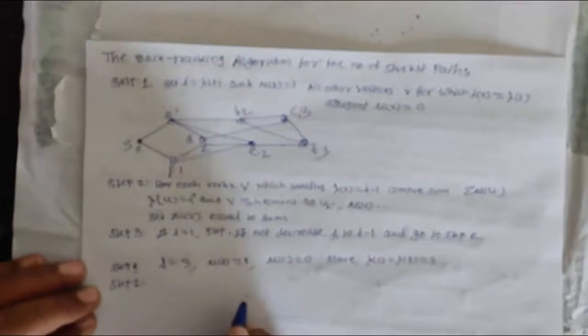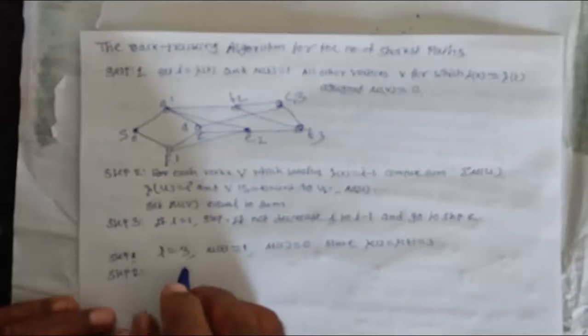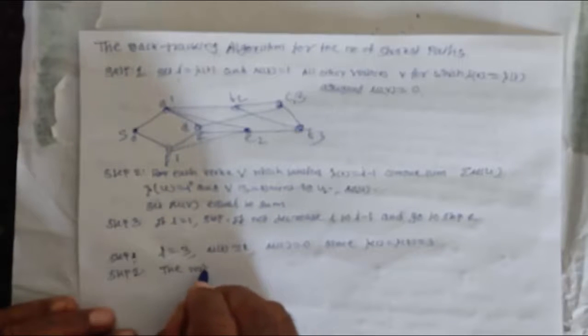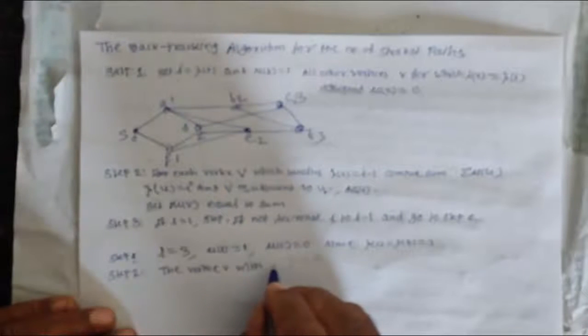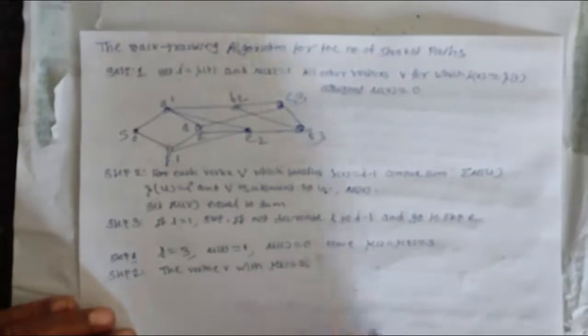Now, according to step second, see here. The vertices V with lambda of V equal to 2.